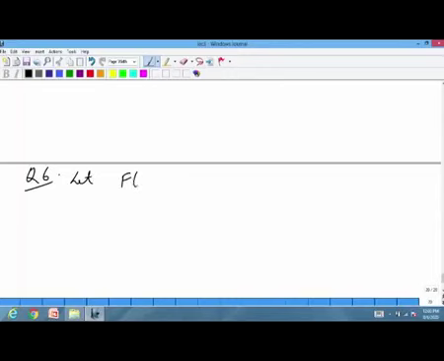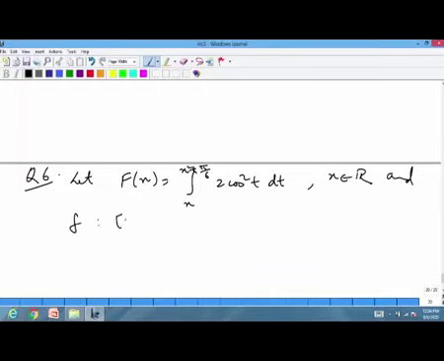Let f of x equal to integral x to x square plus pi by 6 of 2 cos square t dt for every real number x, and f from 0 to half to 0 to infinity be a continuous function.